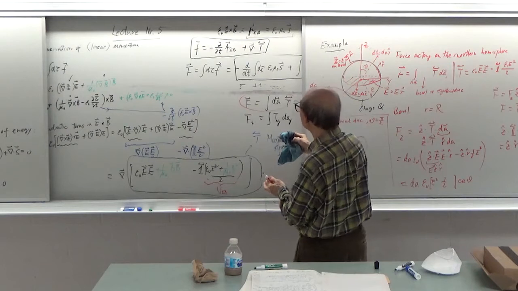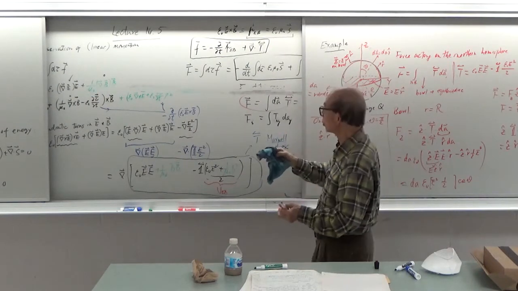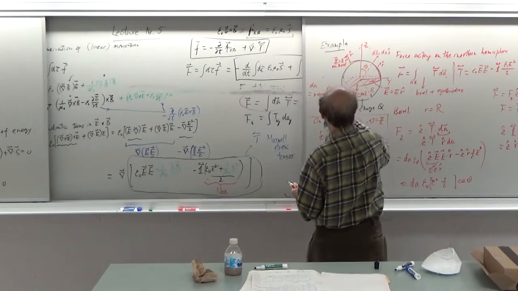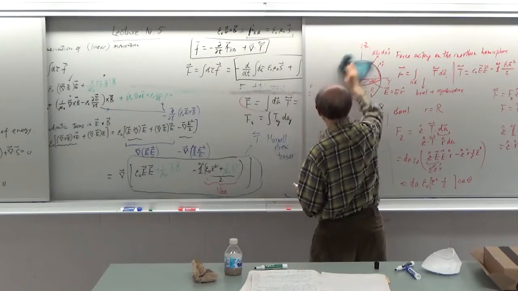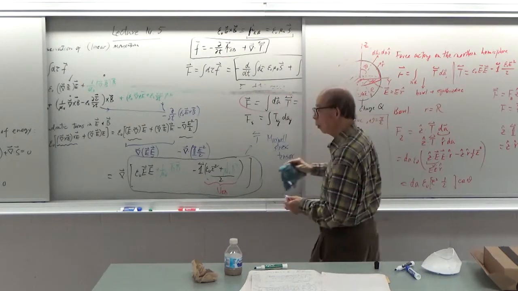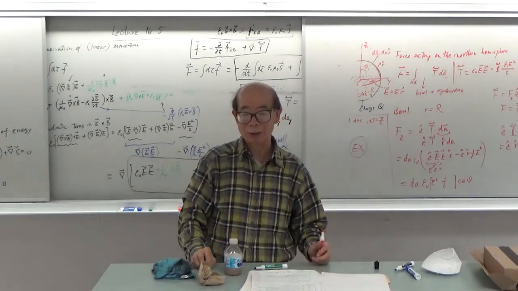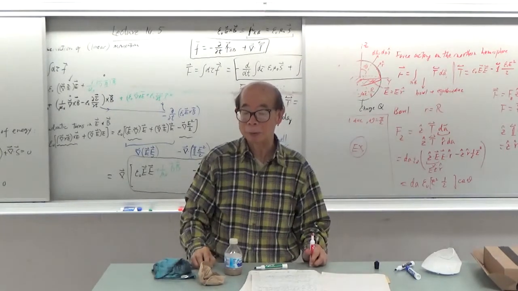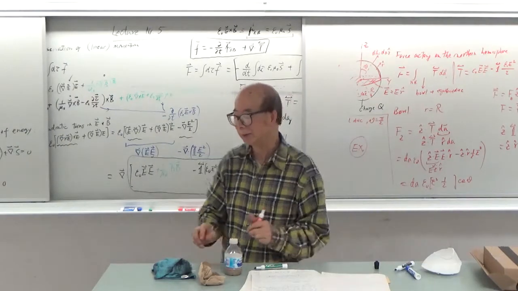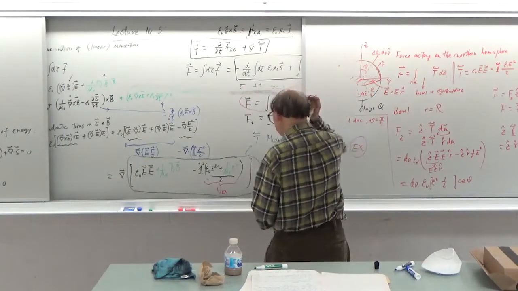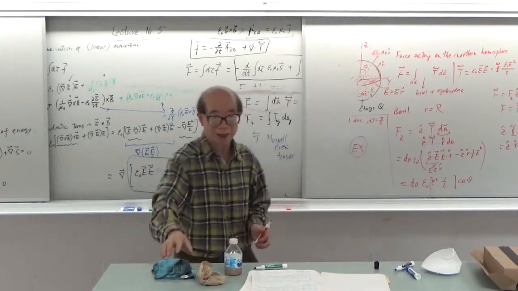Okay, so we are done with the discussion on the conservation of linear momentum. And in fact, what we should do next is to derive the expression for conservation of angular momentum. But things got complicated, and we don't want to use time for that. We'll instead just consider an example.